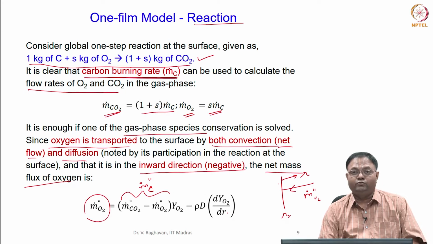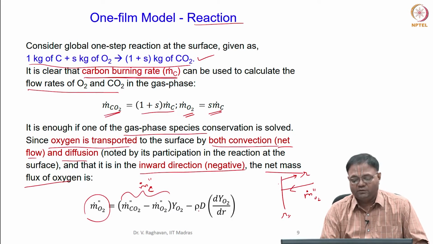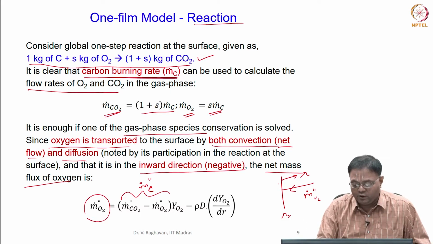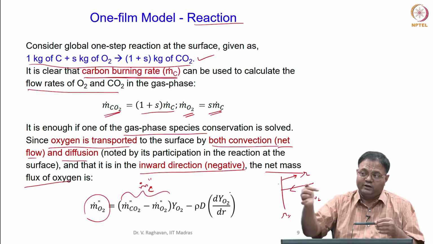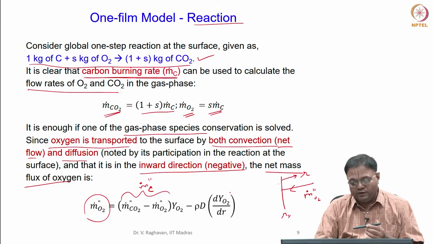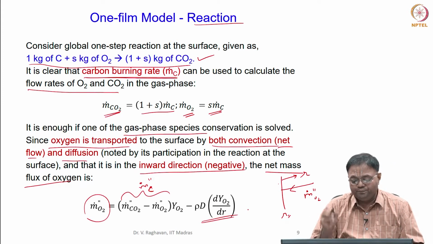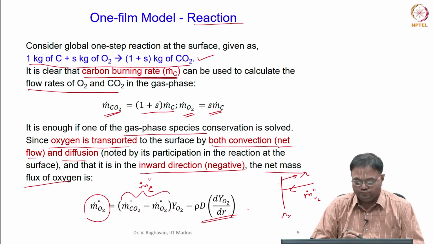Please understand that we have put the usual form, but diffusion is predominantly in the negative R direction, because you can see that Y_O2 decreases in the negative R direction. So you have to note that the diffusion is predominantly in the negative R direction.